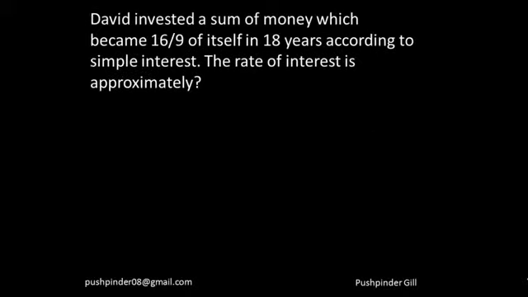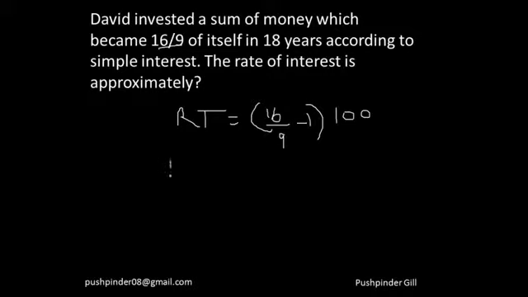Okay. David invested a sum of money which became 16 by 9 of itself in 18 years. According to simple interest, what is the rate of interest? R into T is 16 by 9 minus 1, into 100, and I know T is 18 years.